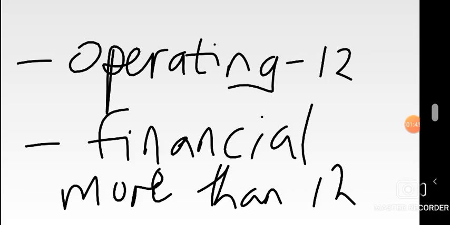Those payments due will make it a liability of some sort, because there will be an obligation to pay, due to these rentals. So let us now look at how the treatment is for leases.